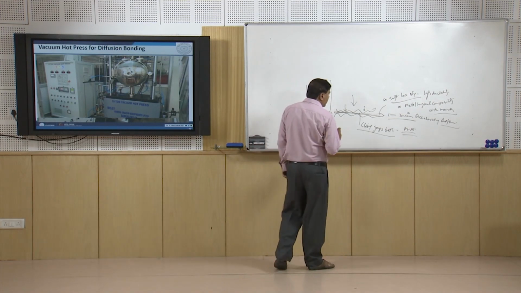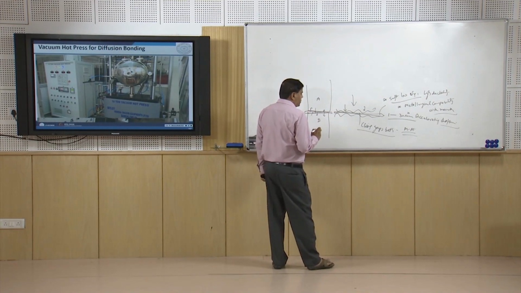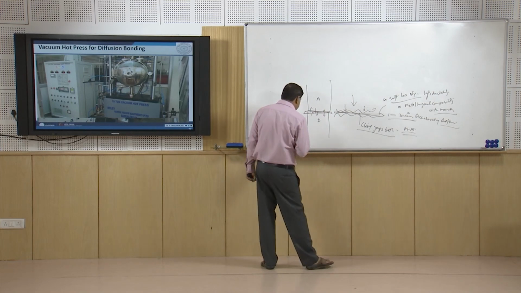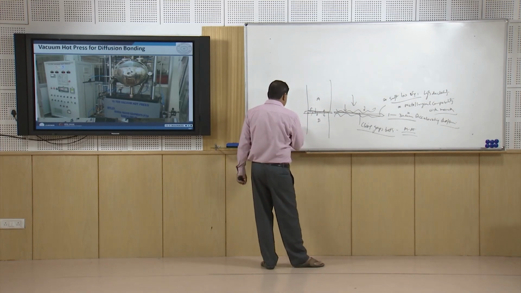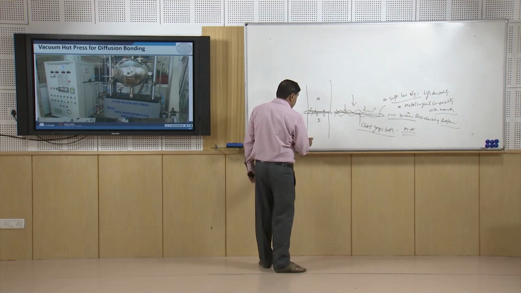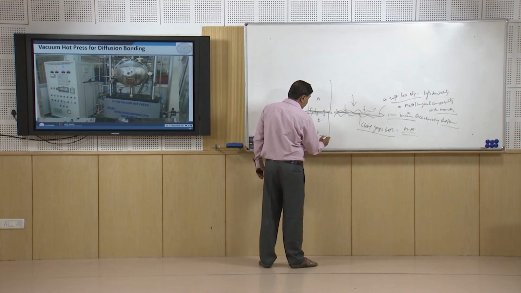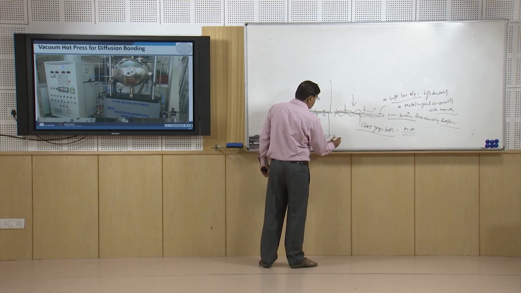The vacuum is another parameter which should be discussed. Vacuum will facilitate the absence of the atmospheric gases. So, vacuum of 10 to the power minus 3 to 10 to the minus 5 torr is commonly used.